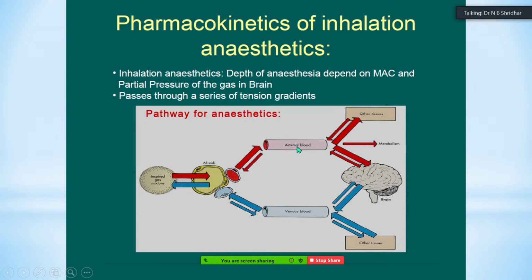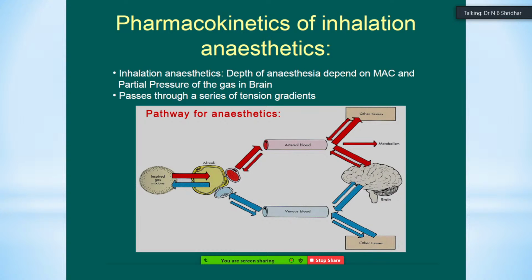Then it enters the central nervous system and many other tissues like the midbrain. A part of the anesthetic is metabolized, and a few parts enter other parts of the brain. After entering the brain, from the venous blood they come back to the heart, and then once again they are pushed to the lungs.